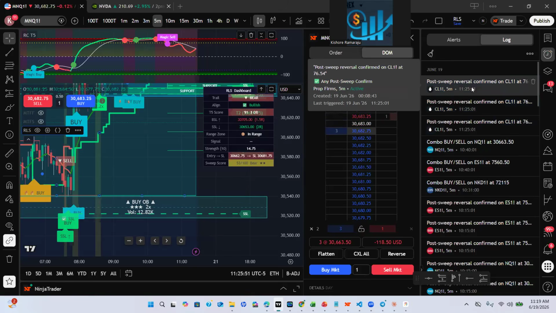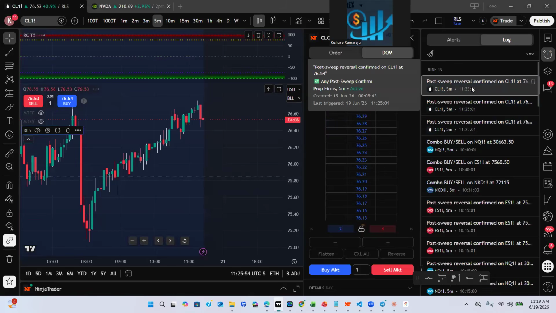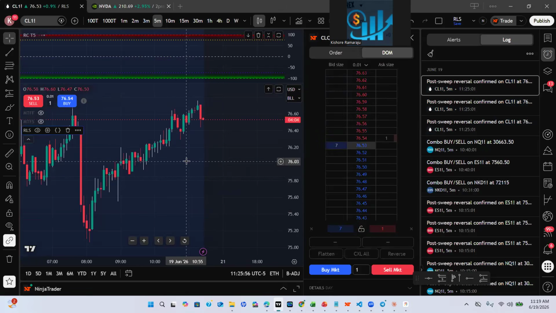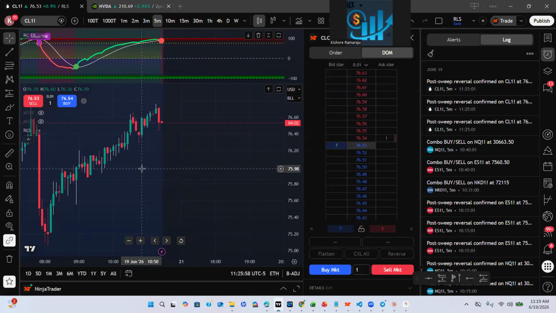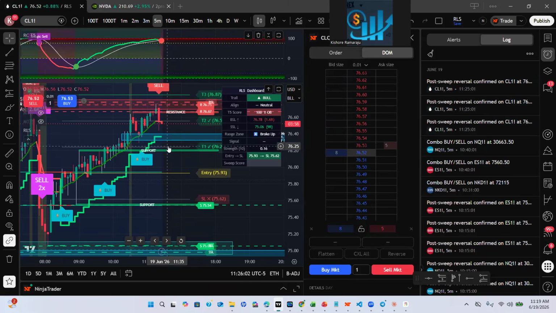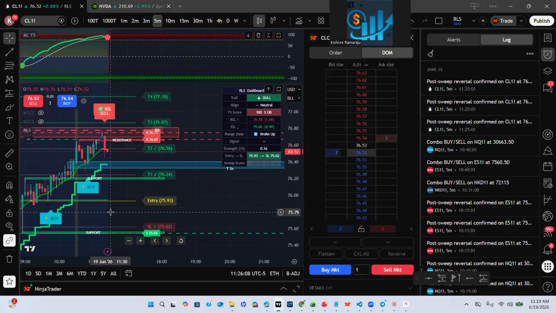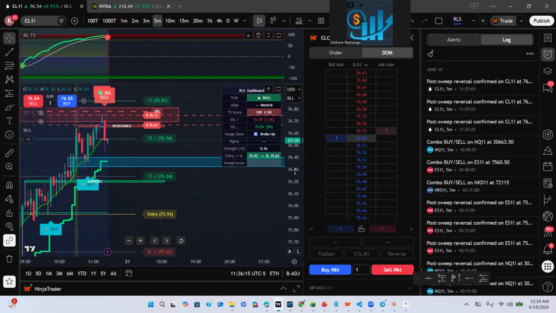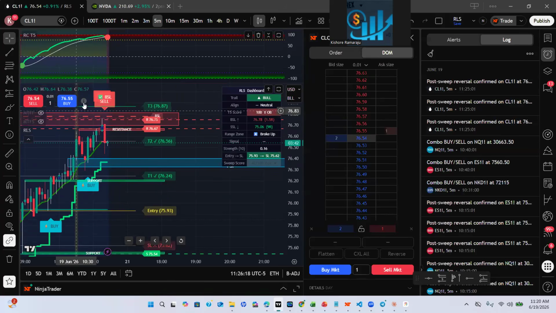So post sweep reversal confirmed. I think we also discussed about crude oil that it may close around 76.54. A few minutes ago, we discussed that right at around 76.78 we had that buy side liquidity.